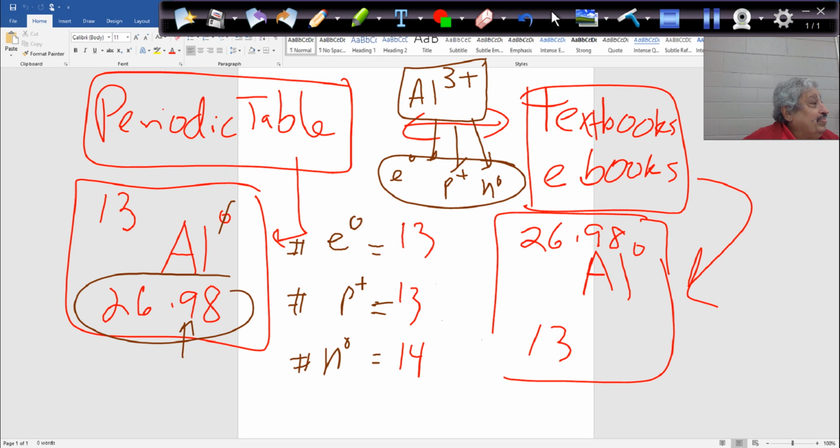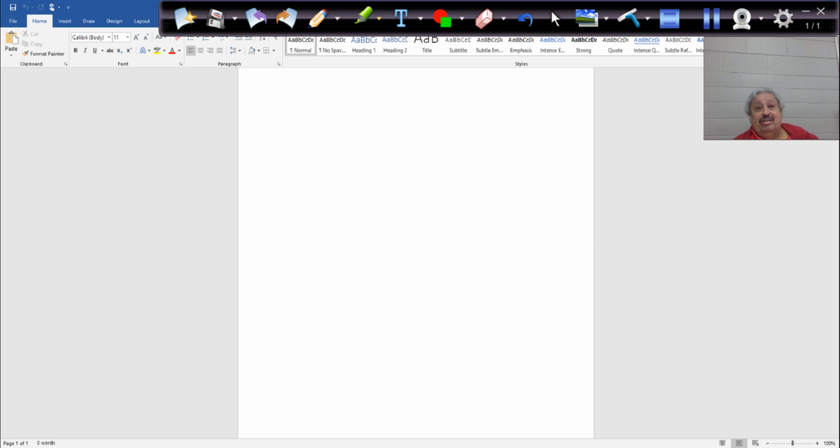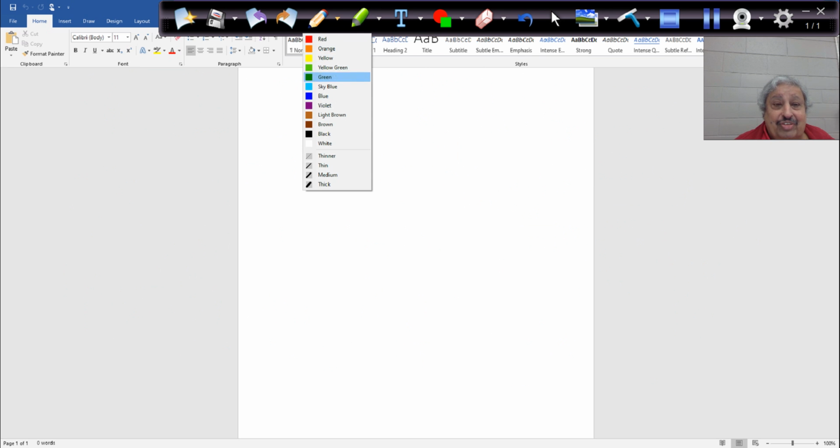Yes, we can. That's good. So let's take this one out and see this aluminum 3 plus. What are those numbers inside? Let's take this one out and look at the charged element, not the neutral element.